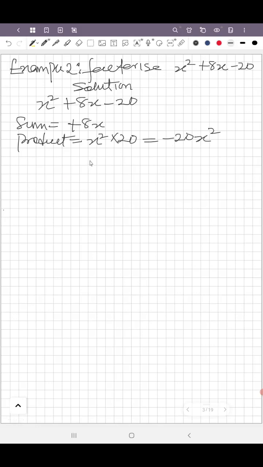So now there are two things you need to look at, which are the factors of minus 20x squared and the sum of the factors.